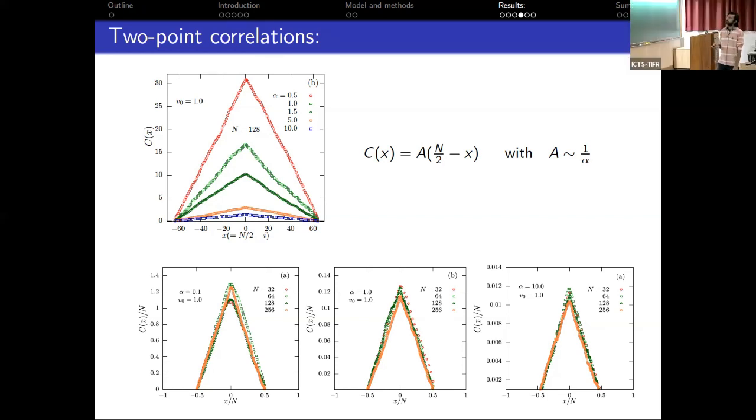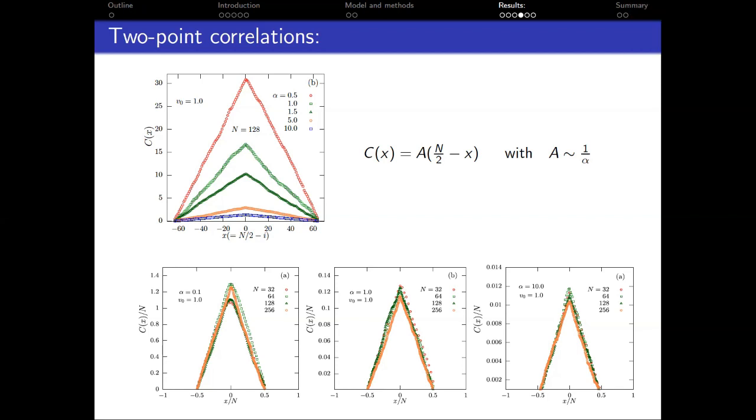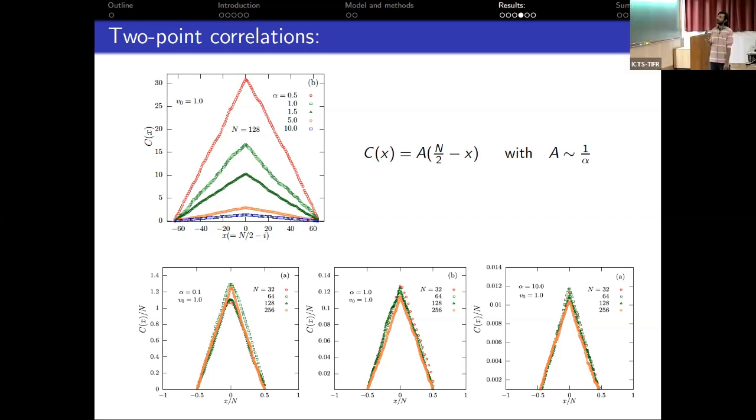Yes, you can see that from this first plot also, because this is n equal to 128 and it goes to 0 at that point. Usually it's written for x less than n by 2. Oh, you can write it in half like this, yeah, okay.